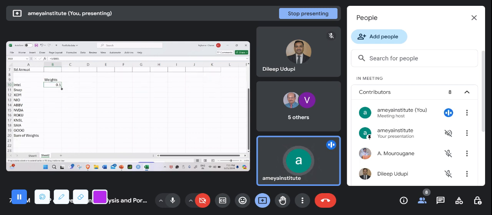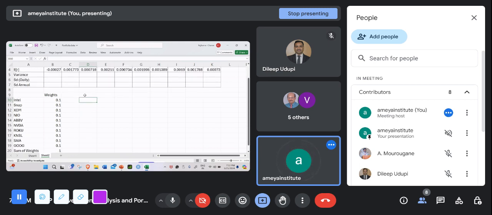This will be 0.1 for all the stocks. Then we know the sum of weights should always be equal to how much? 1. So we'll assign equal weight for all the 10 stocks here. Is it ready? Yes.